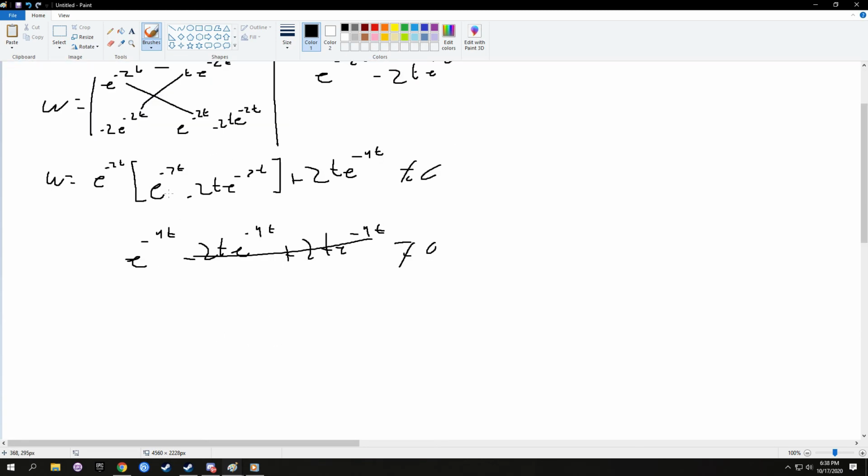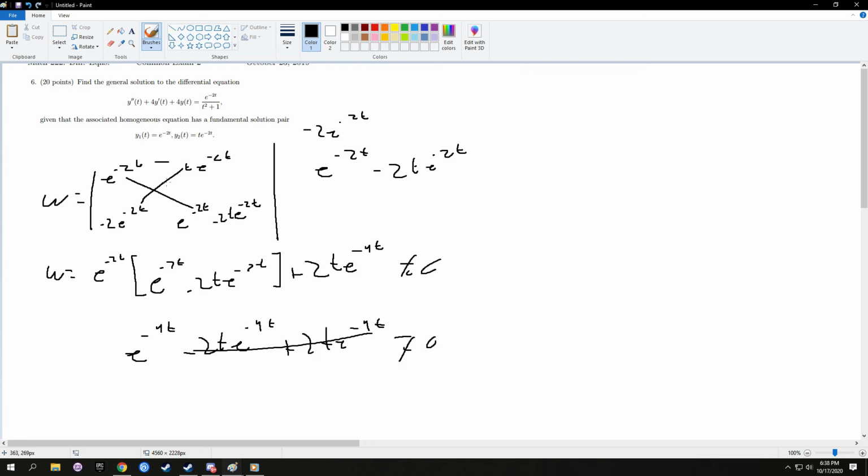So now we'll figure out my v1 and v2. I can't guess a particular solution, so I've got to figure something out. My y particular would equal y1 times v1 plus y2 times v2. Now how did I figure out v1 and v2?